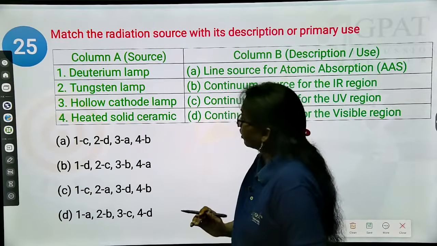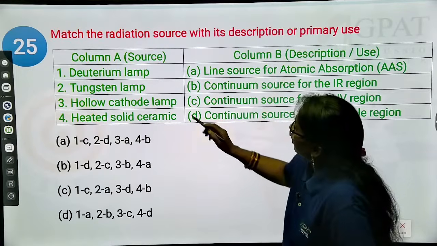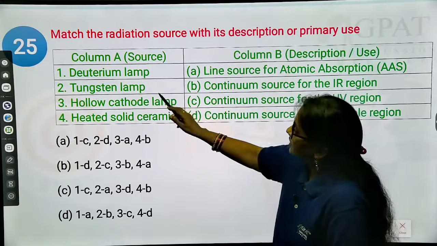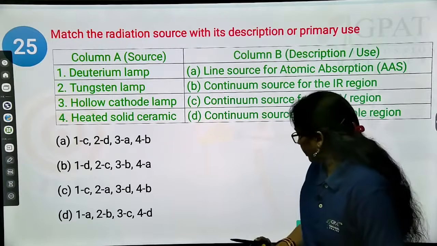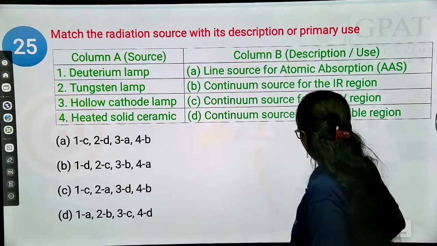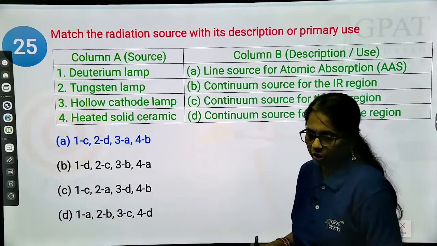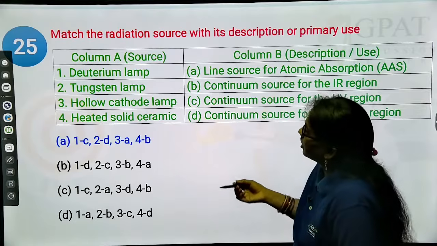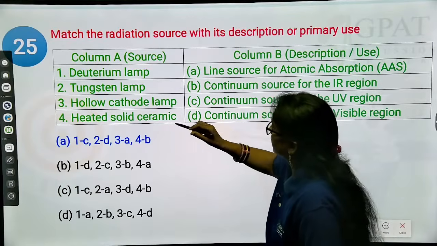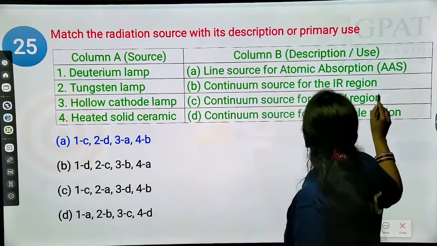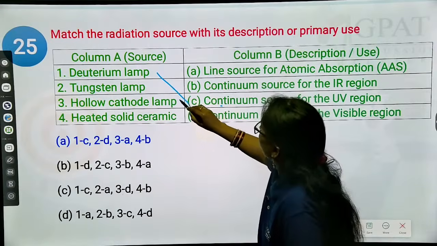Okay. So in this, you see the deuterium lamp, tungsten lamp, hollow cathode lamp, heated solid ceramic. Whenever we use the deuterium lamp, we know it is related to UV radiation, right? So it is a very basic question. Deuterium lamp, continuous source for the UV region. So 1C.